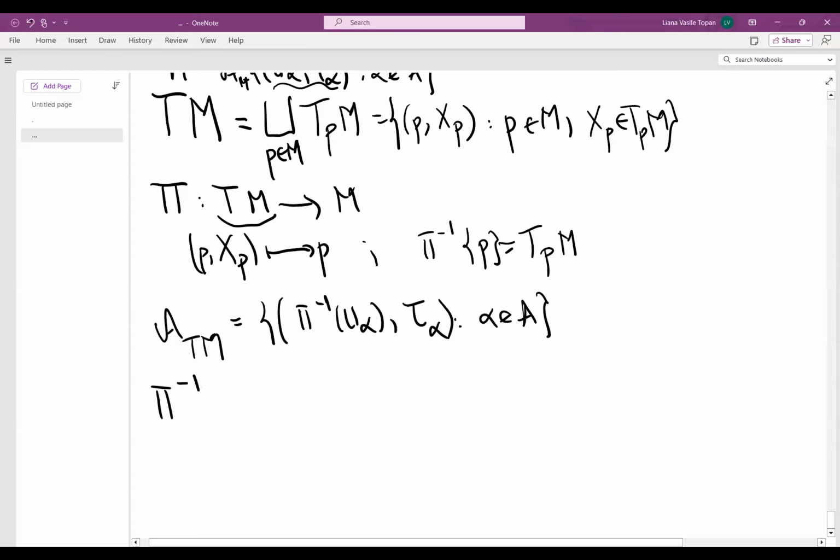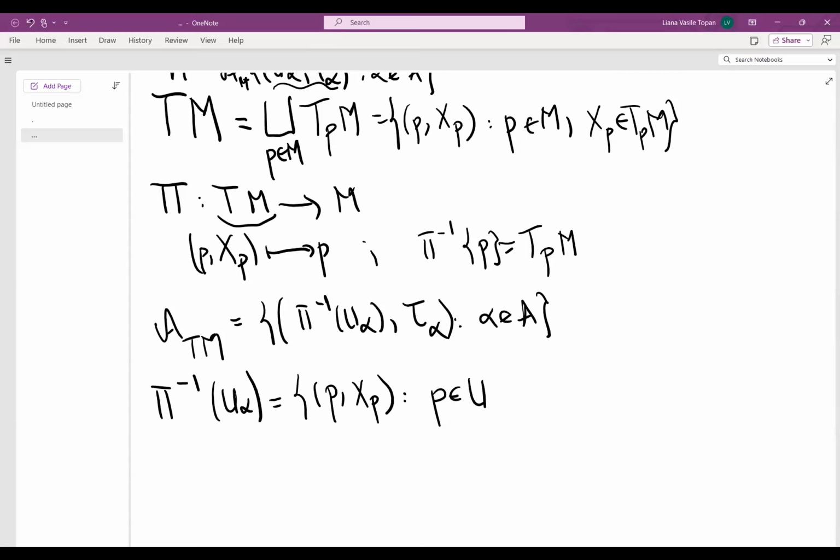Well, we saw that pi inverse of U alpha is simply the set containing all tangent vectors at the point P, where P can be any point of U alpha, while tau alpha, the homeomorphism, was defined like that, into phi alpha of U alpha times R^m.